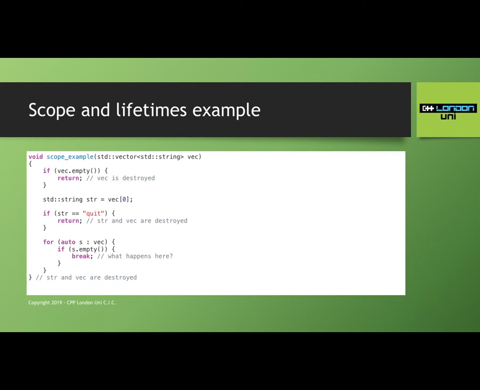Well, inside the if, there are no new variables. So we don't have to destroy anything when we leave the if, although in theory, we could declare a new variable in here, and that would be destroyed when we left the if block. But break takes you out of the for block as well, which causes anything declared in that for block to be destroyed, and s is sort of morally part of that for block, even though it isn't literally inside the curly braces.